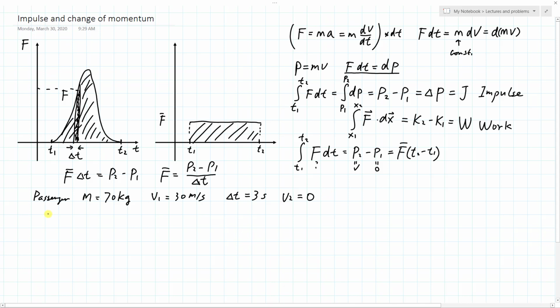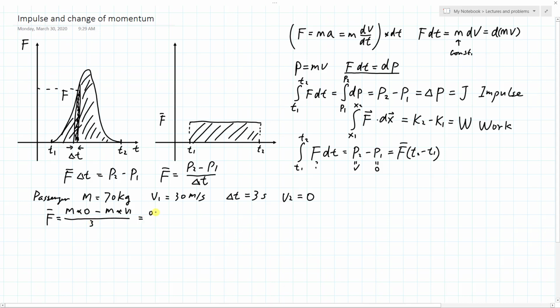This average force is momentum 2, so that's mass times 0, speed stopped, minus momentum 1, mass times the initial speed, divided by a duration of 3 seconds.